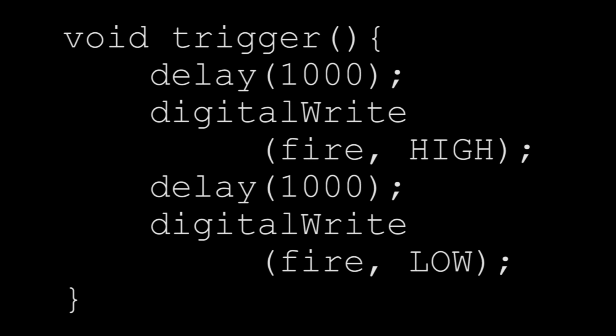There is a delay function before and after the shutter firing so that the settling time can be introduced at both of these points. This is the whole of the trigger function. The summary of what's going on here is that the trigger function fires the camera shutter. The figure 1000 can be increased or reduced to change the settling time before and after the shutter is fired. So it is quite a simple function.